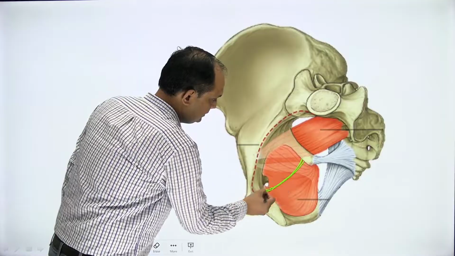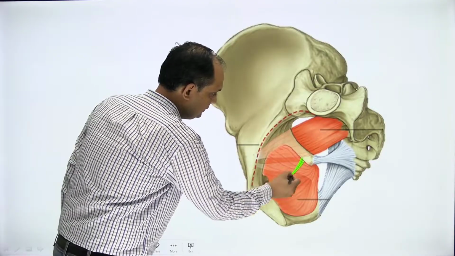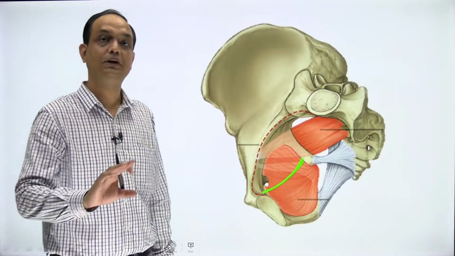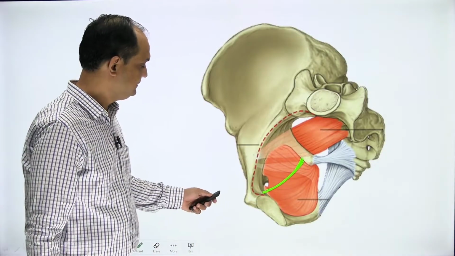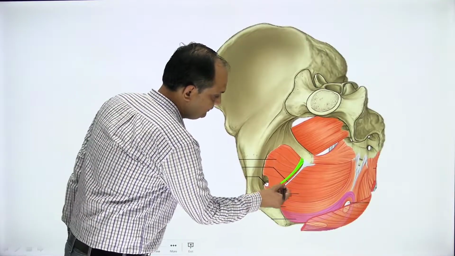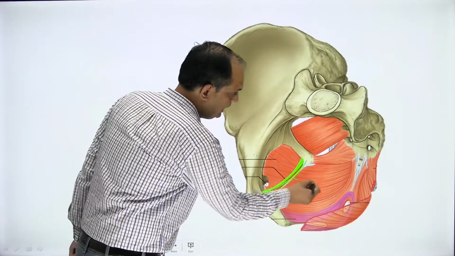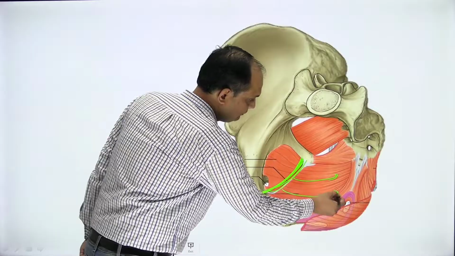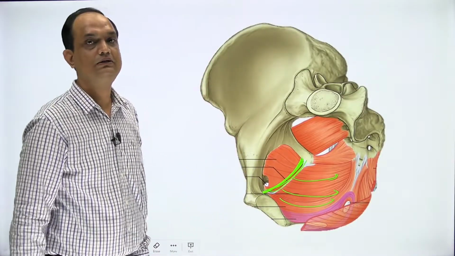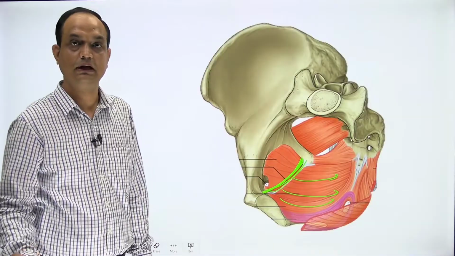This is the important thing to understand: on the inner side of the obturator fascia there is a tendinous arch, and this tendinous arch gives rise to a muscle, the diaphragm of the pelvis, known as the pelvic diaphragm. Clear?